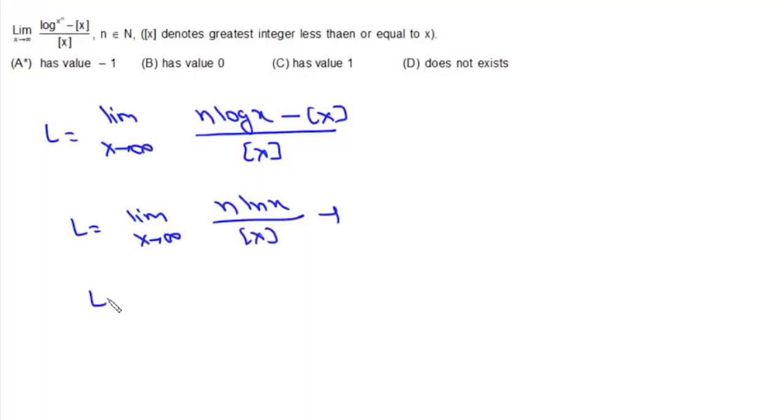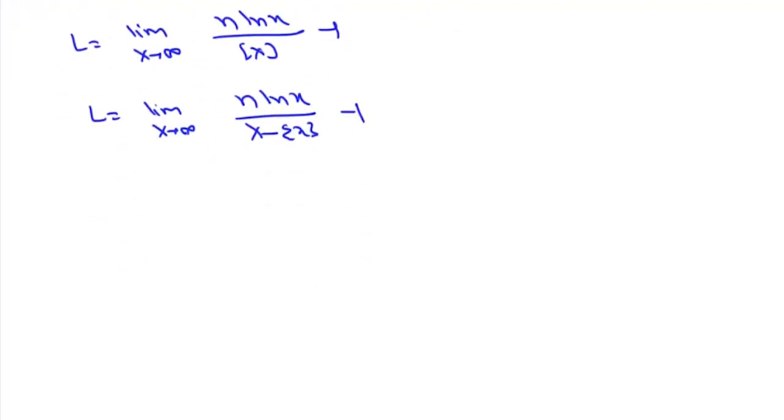Now we know that we can write the greatest integer function of x as x minus the fractional part of x, so it becomes the limit as x tends to infinity of n log x upon x divided by 1 minus fractional part of x upon x, minus 1. Now we'll solve these two limits.